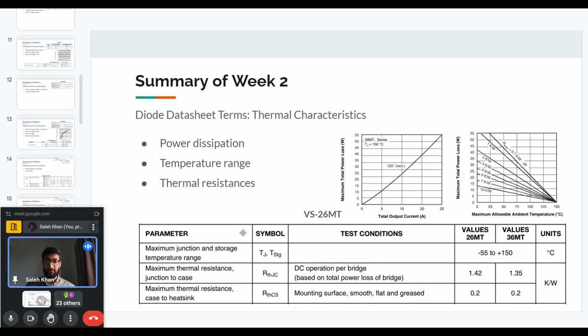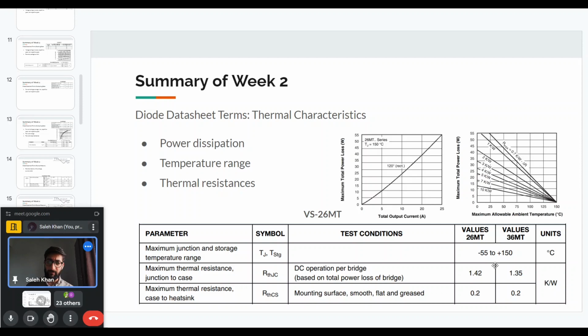And this is provided in terms of Kelvin per watt. And Kelvin per watt also means centigrade per watt. So it means if you provide 1 watt of power through this thermal resistance, then the temperature will rise by 1.4 degrees.